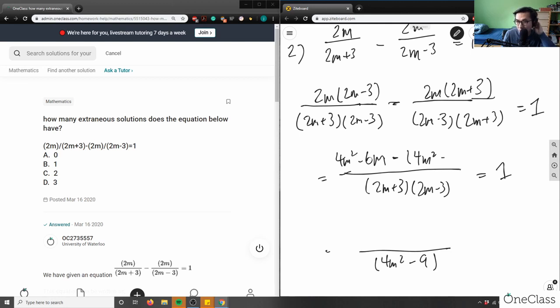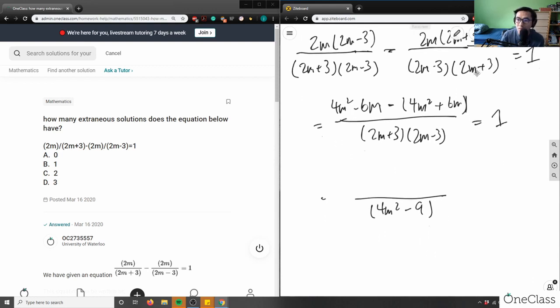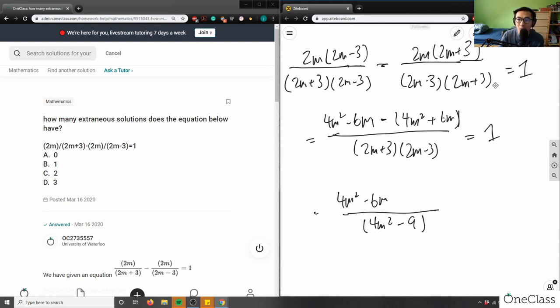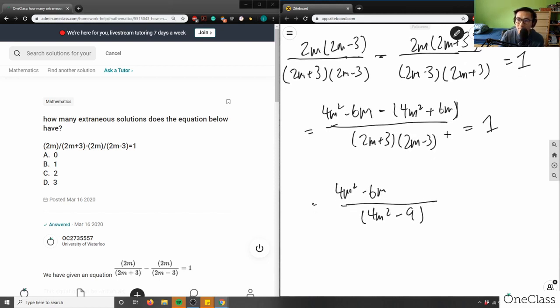This is again 4m squared minus, or no, this is positive 6m. So what I can do is simplify this bracket into 4m squared minus 6m. Okay, it's simple.